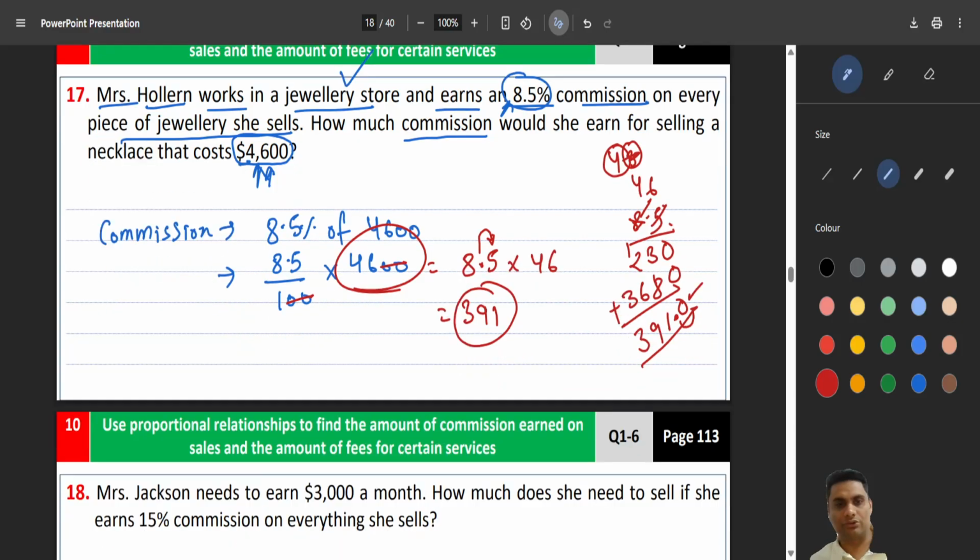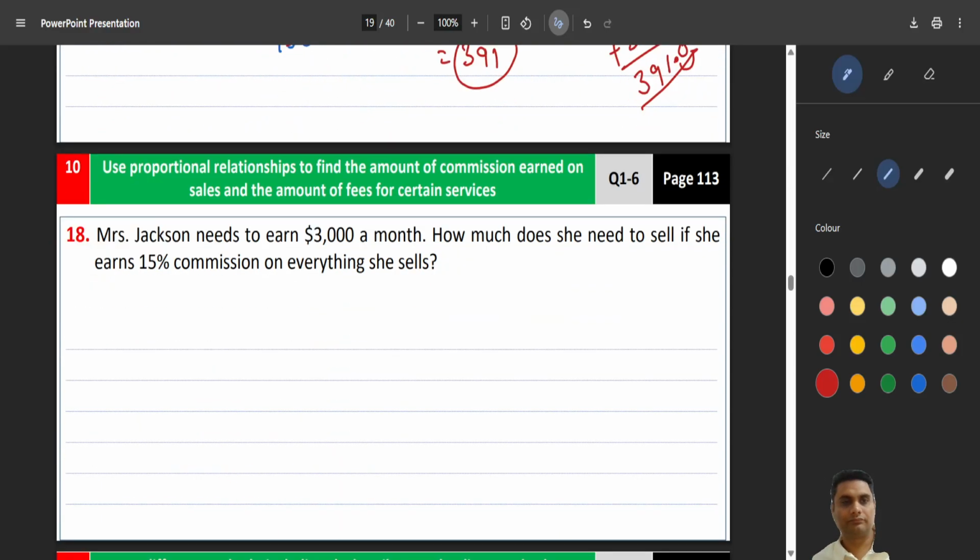Now, next question. On question number 10 only, there is a different question now. Mrs. Jackson needs to earn $3,000 a month. Now the commission is directly given, right?